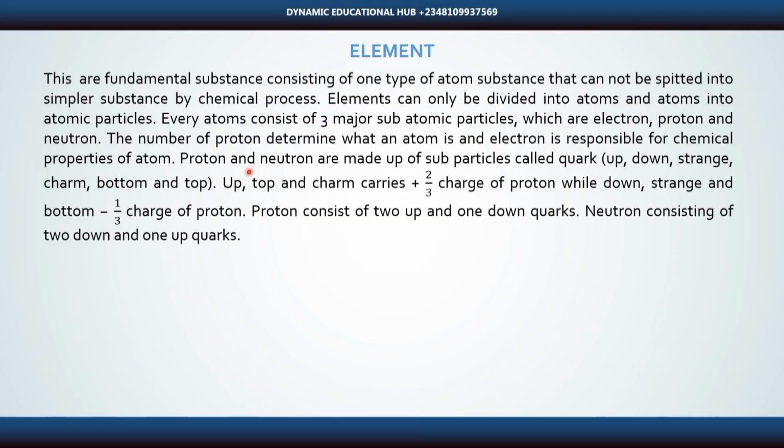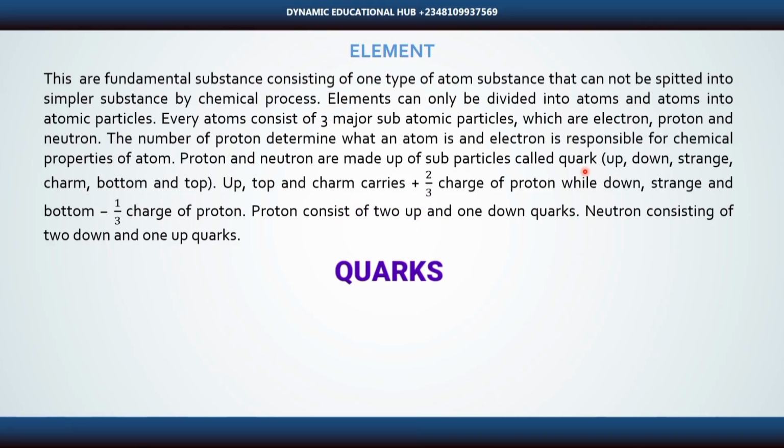You cannot split an electron. Electron is very small, so it has negligible mass. However, proton and neutron still consist of subparticles. The name of those subparticles is quarks.